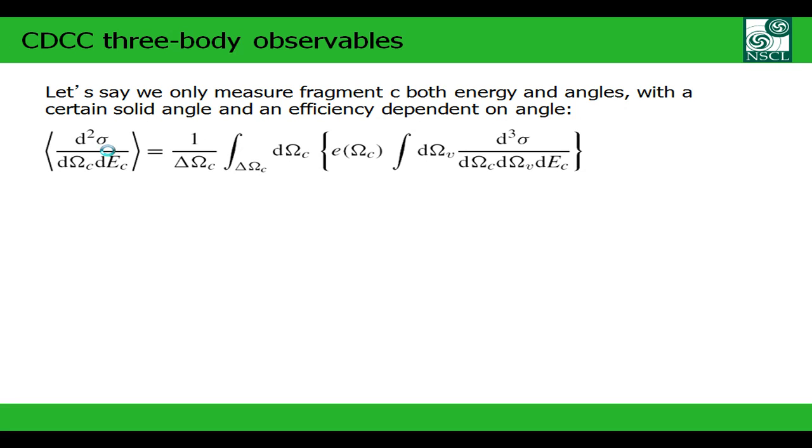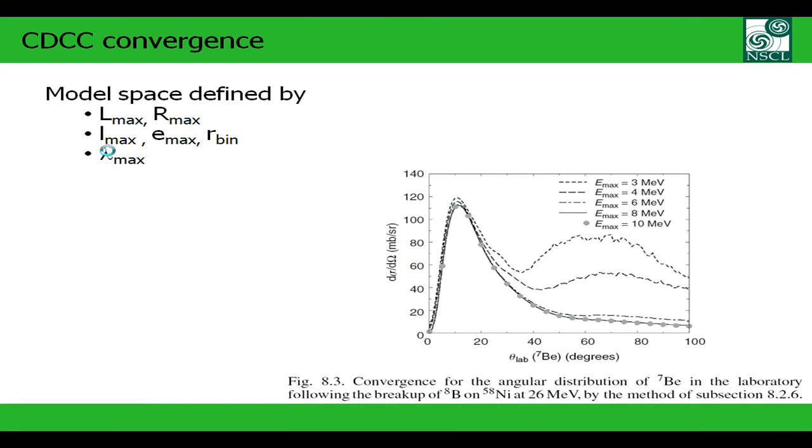You'd take into account the efficiency of the thing that you measured the angle of, and you take into account the angular resolution because you have a certain solid angle. And so you'd construct an observable that relates directly to the thing that was measured.